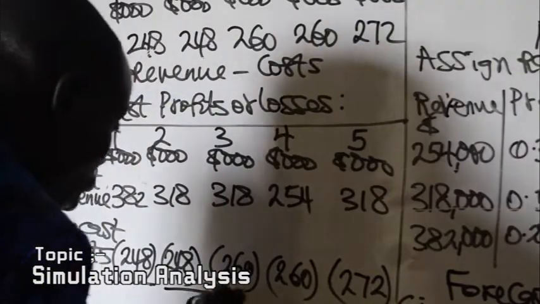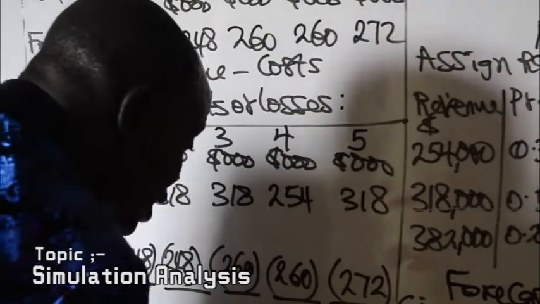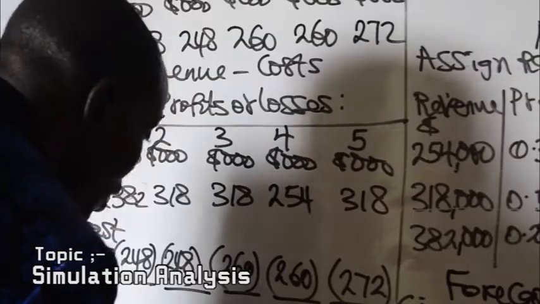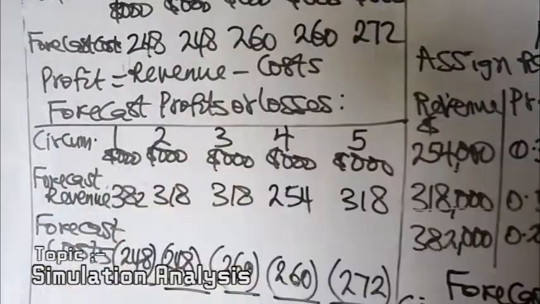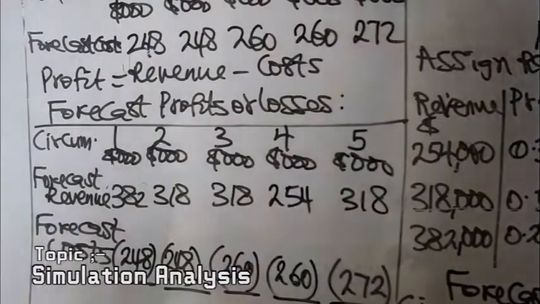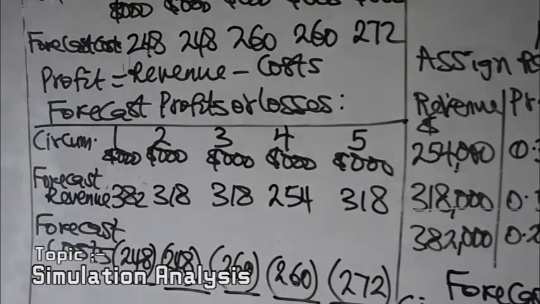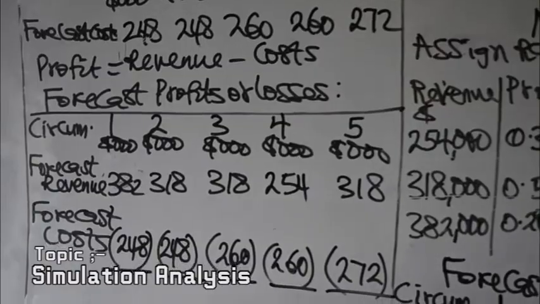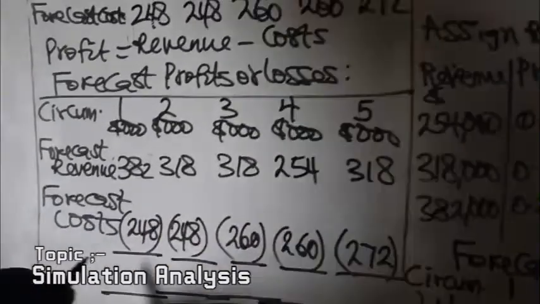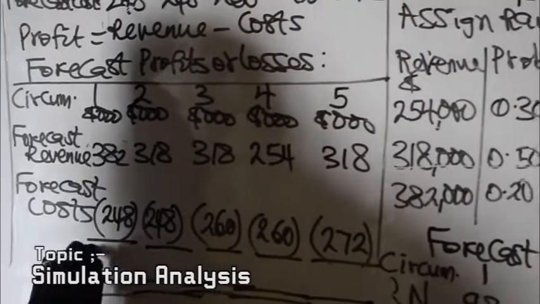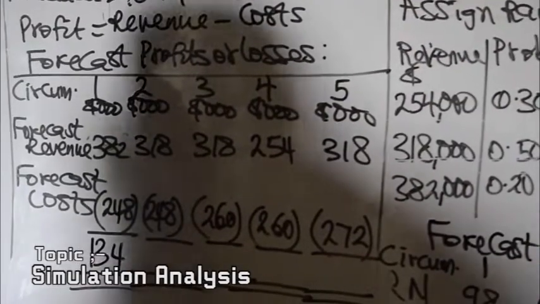Now you match your cost against your revenue to determine the profit. So our forecast profit now will be 382 minus 248, and that will give us 134.